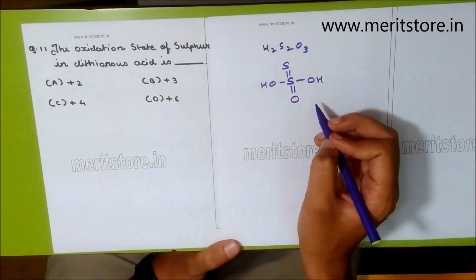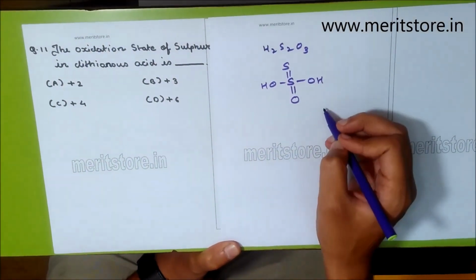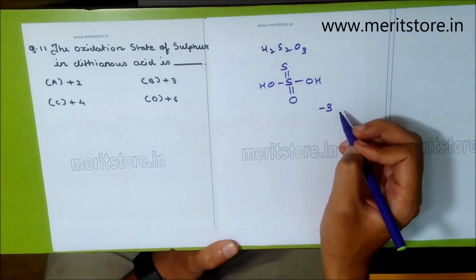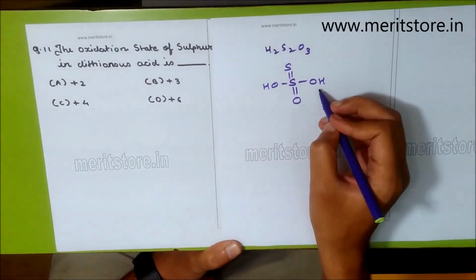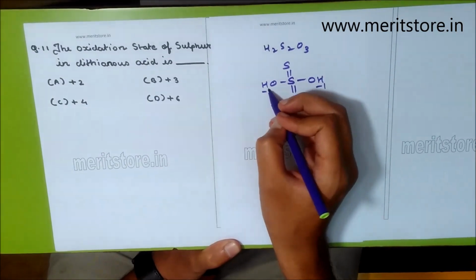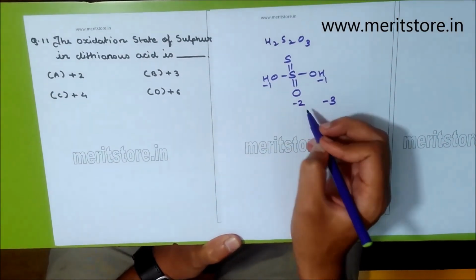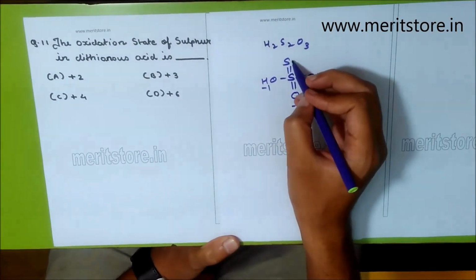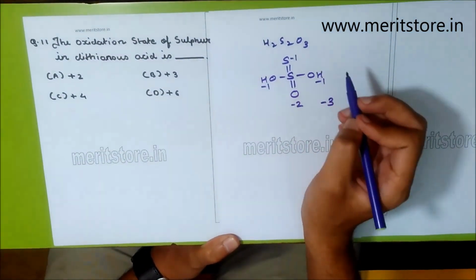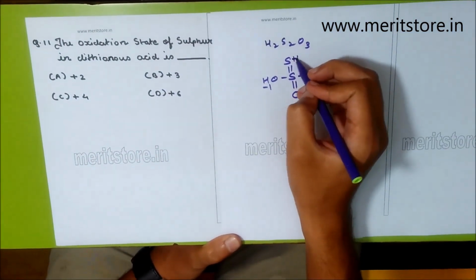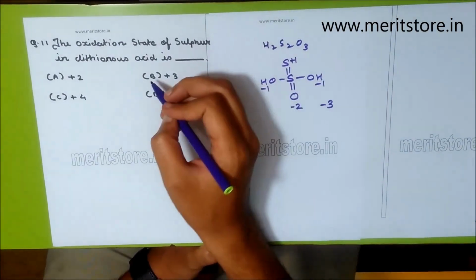So the oxidation state is -2 for the terminal sulfur here, as hydroxyl is -1, oxygen is -2 here, and the central sulfur is +5, actually. So option B is the correct option.